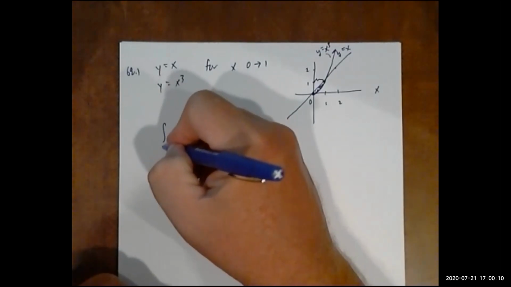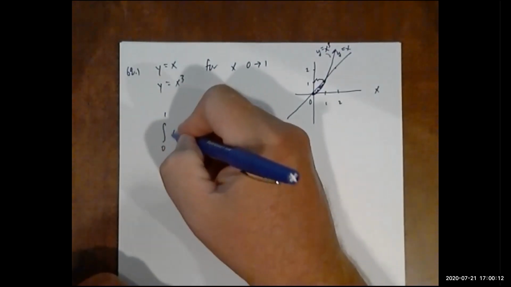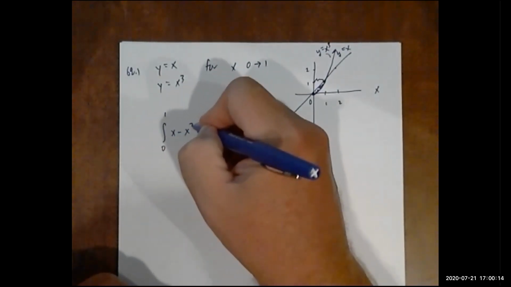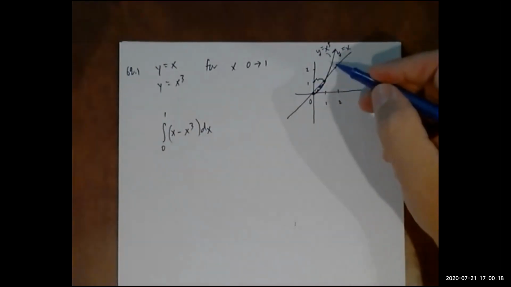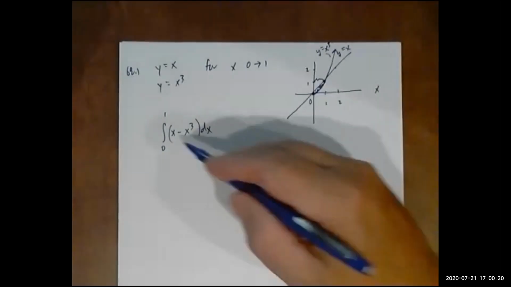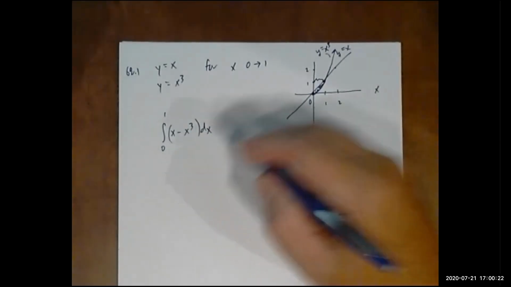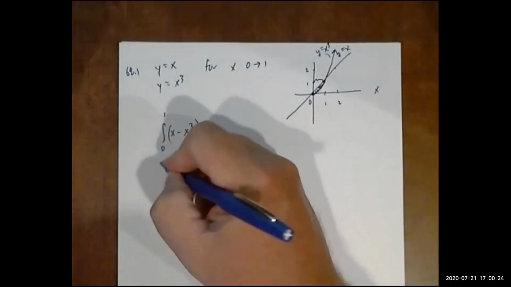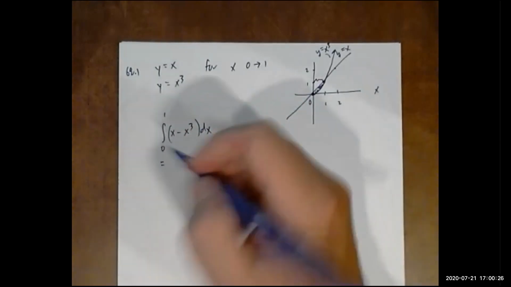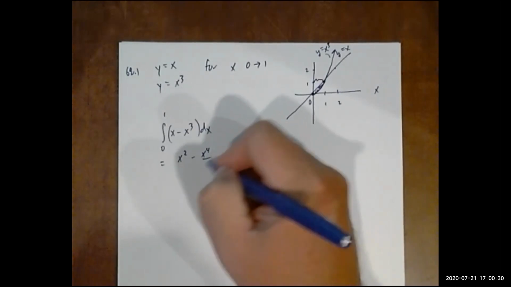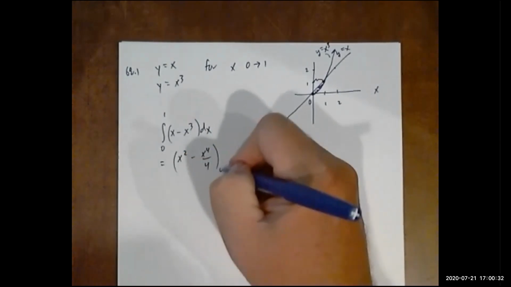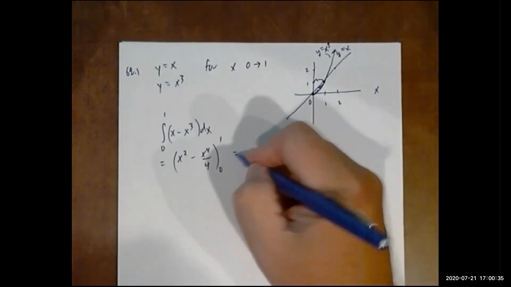So that means the problem becomes x minus x cubed. So you have to really have an idea of what this looks like to know which order to put these in. So now x squared minus x to the fourth over 4 from 0 to 1.